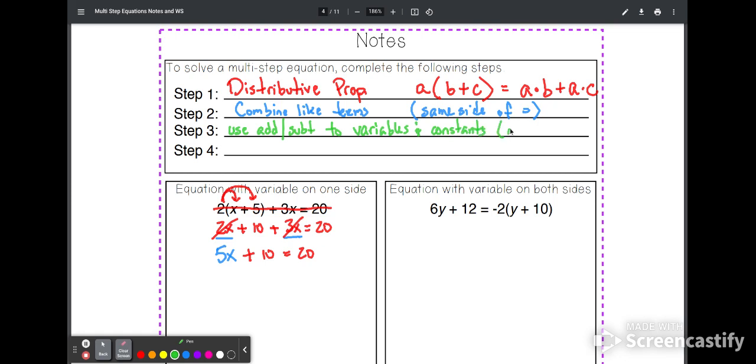Basically this is going to be using inverse operations, because when we start moving things across the equal sign, that's when we see the inverse operations need to be used.